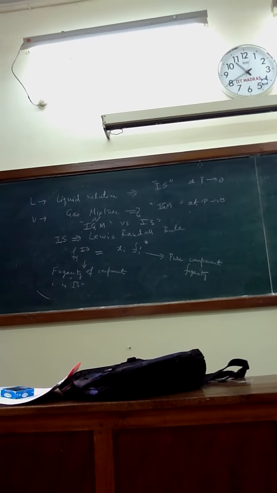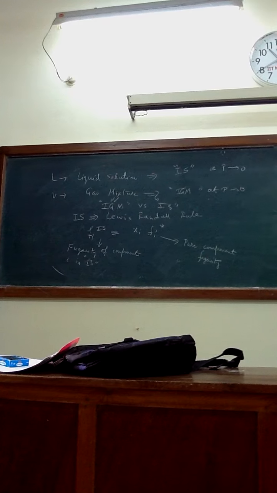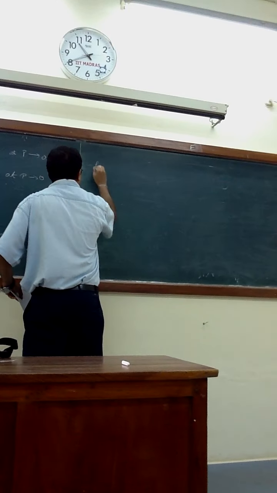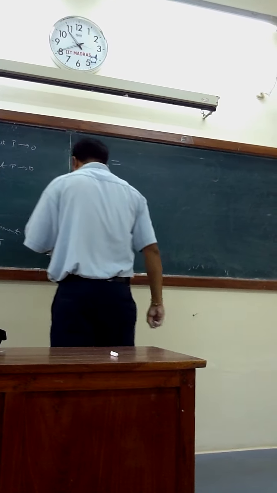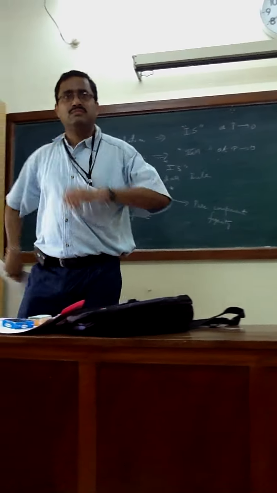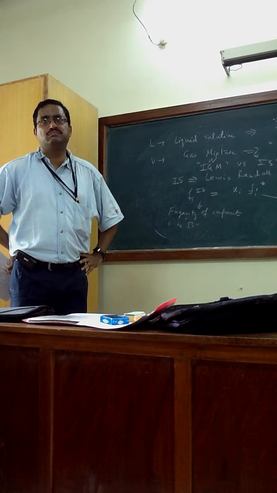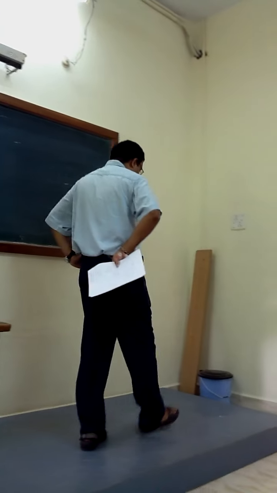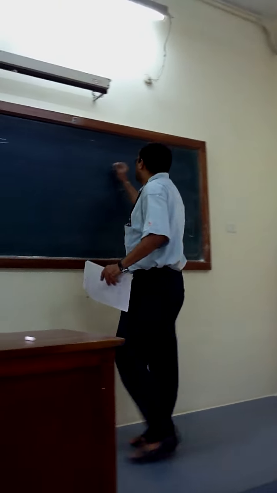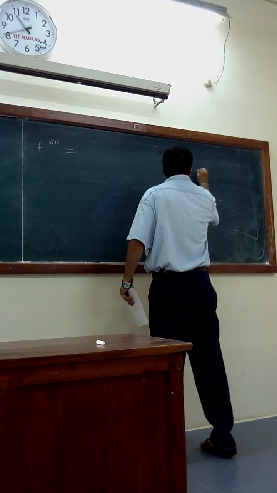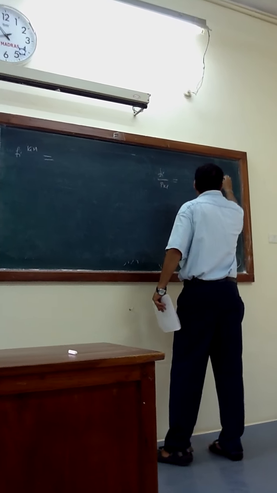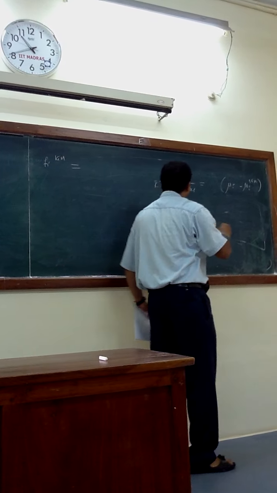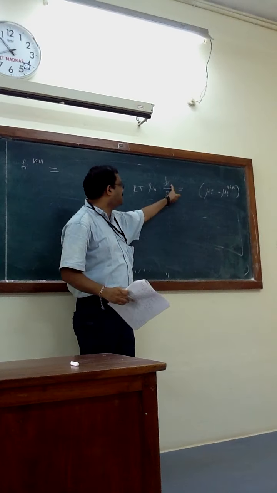For IgM, fi by P xi equals to mu i minus mu i IgM, right? So this fugacity is based on the gas mixture.